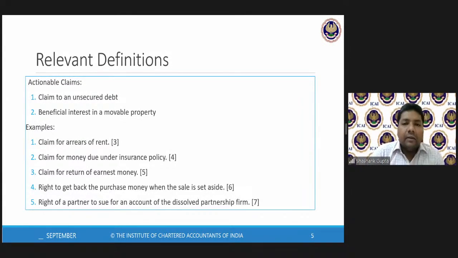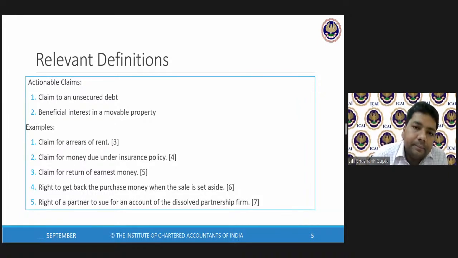In a nutshell, an actionable claim is a claim to an unsecured debt. What is an unsecured debt?